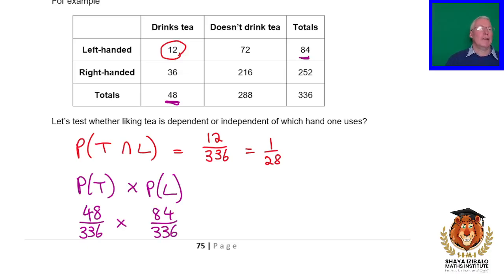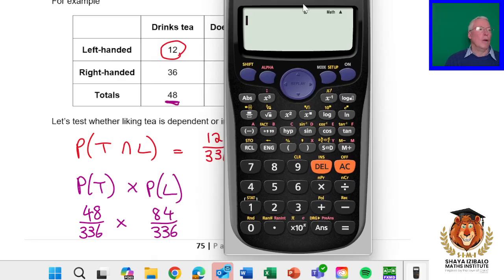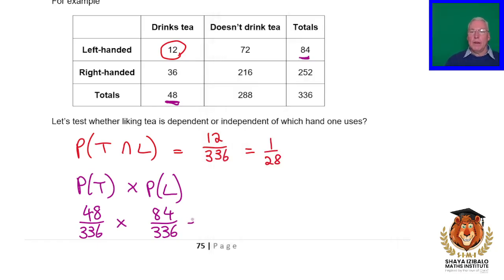We're going to calculate that product. Let's bring up our calculator. So we're going to go 48 out of 336 times 84 out of 336, and we get 1 over 28. We get exactly the same answer.